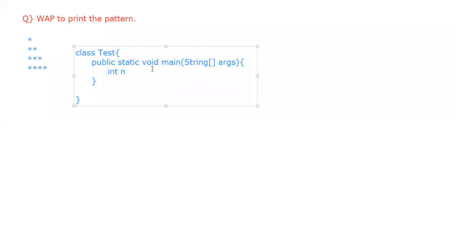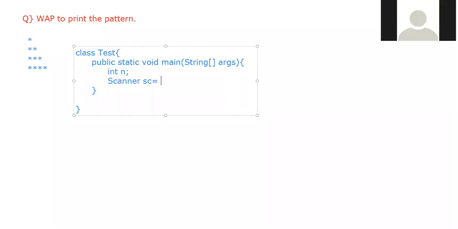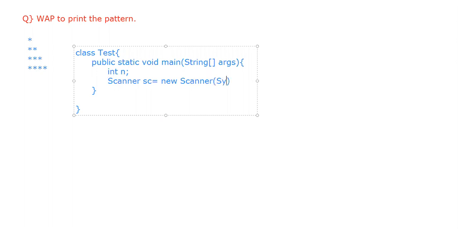So this is a right angle isosceles triangle. Am I right? Yes, the answer is yes. So we don't need both the sides, a single variable will do. And then I have to make an object of Scanner class. I guess this is perfect.